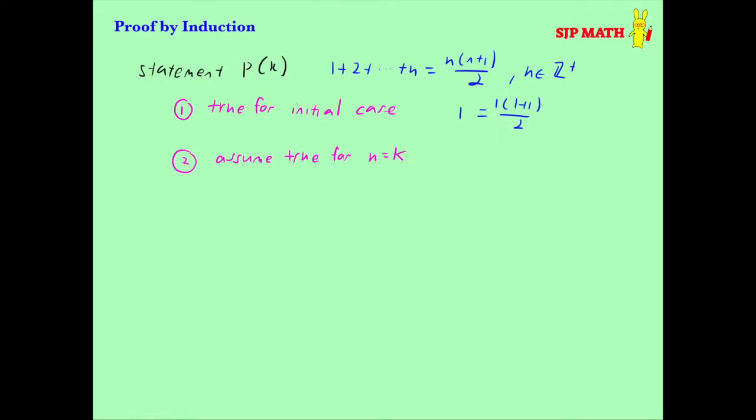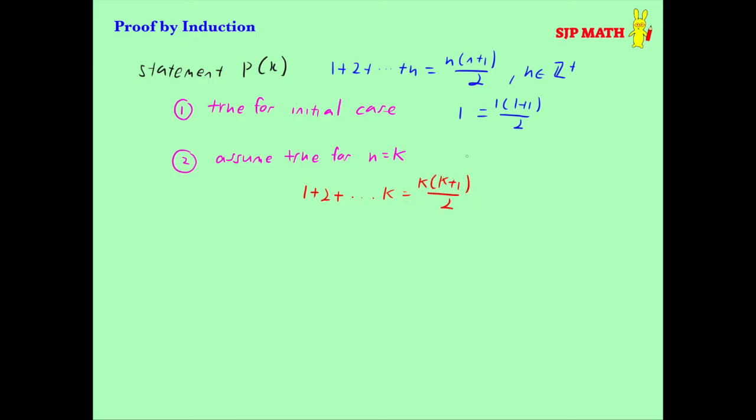So in this case, we're assuming that for some positive integer k, this thing holds for k, which means we're assuming that 1 plus 2 plus all the way up to k is equal to k times k plus 1 over 2.